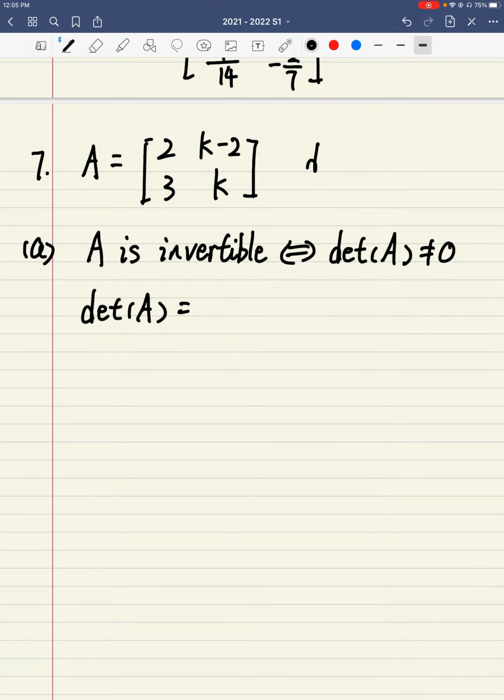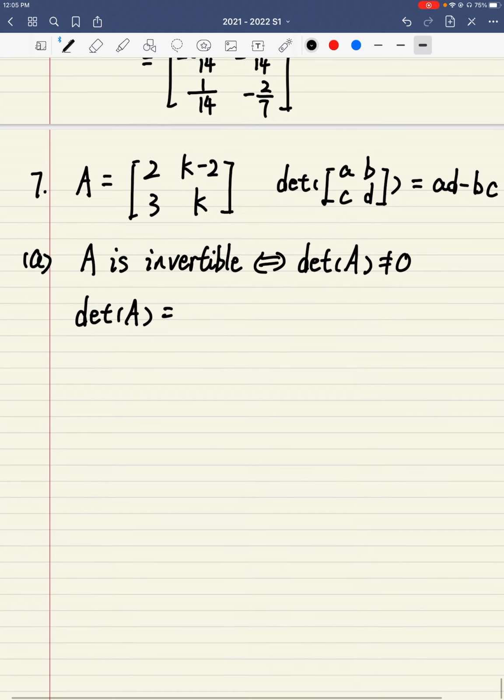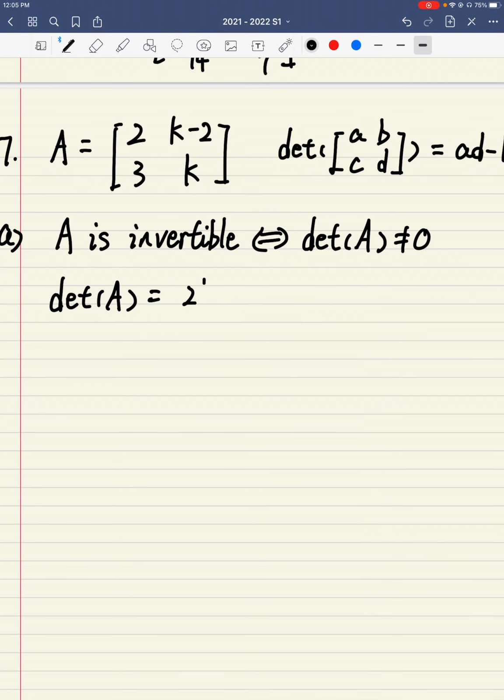The determinant of a 2 by 2 matrix is what? It's AD minus BC. So the determinant of A is 2 times k minus (k minus 2) times 3. So it is 6 minus k.